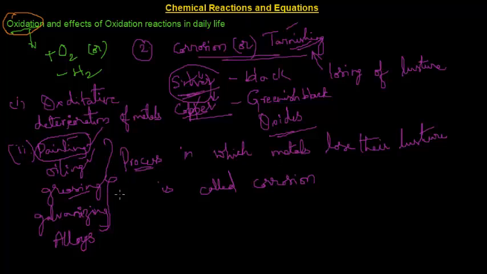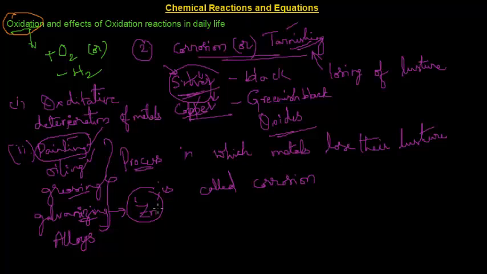Now let us see what is galvanization. Galvanization means forming a zinc layer. A zinc layer is coated, and the process is called galvanization. Zinc layer is given on metals which easily deteriorate.